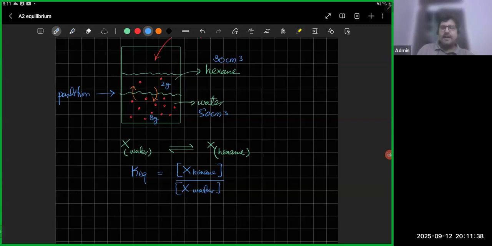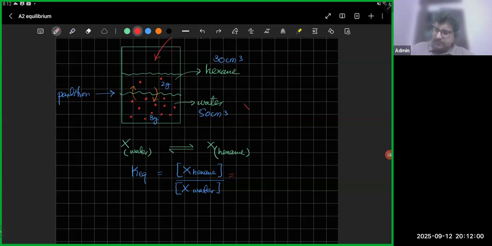Product concentration divided by reactant concentration. So how do you find concentration? It's mole per dm cube, right? And so I'm going to try and find the concentration.